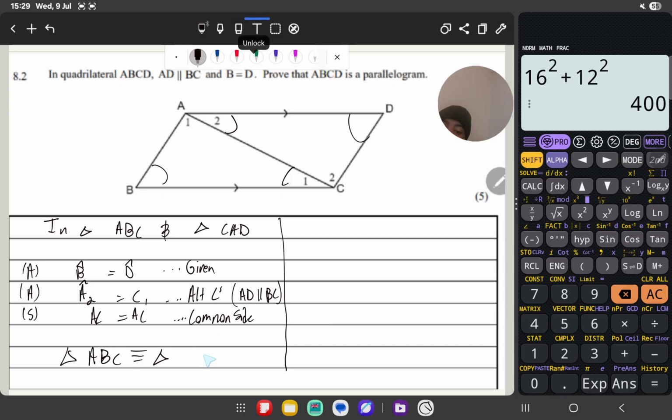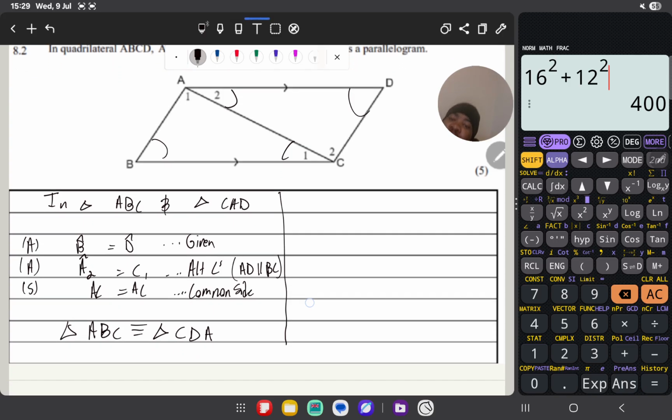So it will be CDA. So you have CDA, that way BC and DA, DC as well, and AB, right? And AC, CA, common side. Then it is perfect.